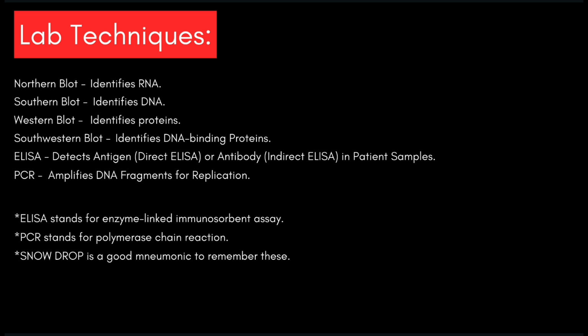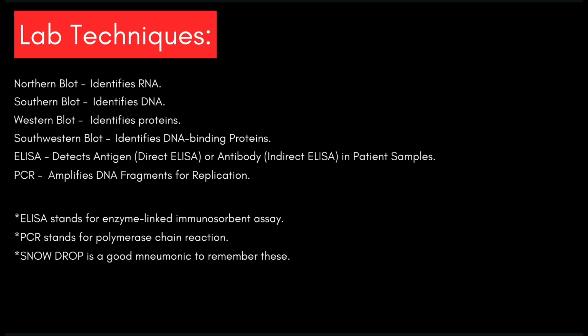And then ELISA, which stands for enzyme linked immunosorbent assay, detects antigen for direct ELISA or antibody when using indirect ELISA in patient samples. PCR, which stands for polymerase chain reaction, amplifies DNA fragments for replication.